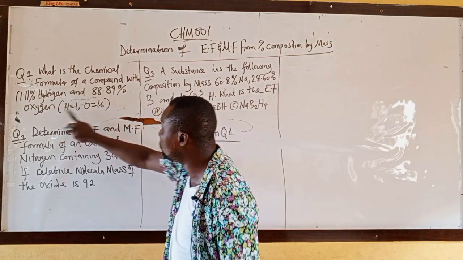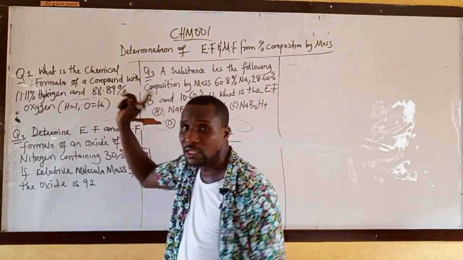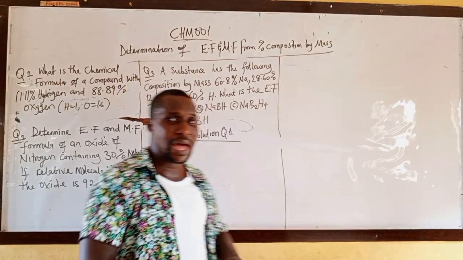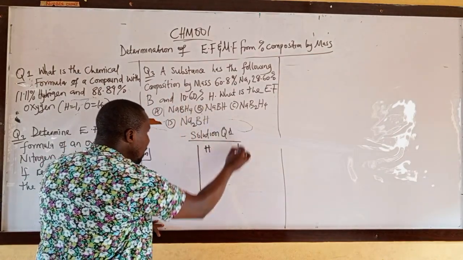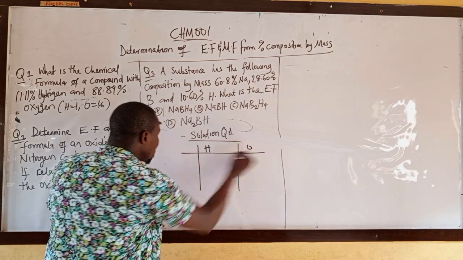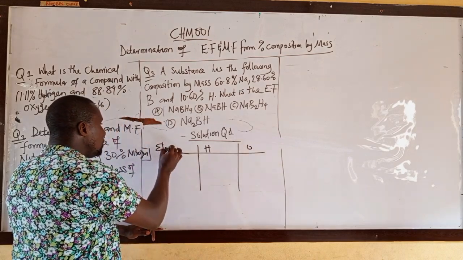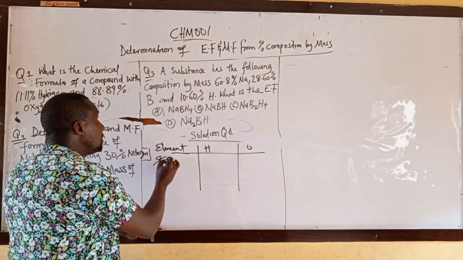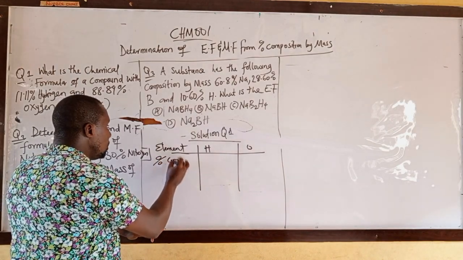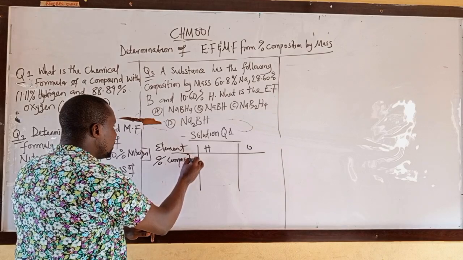How can I do that? I have the elements hydrogen and oxygen, and they are given as percentage composition by mass.